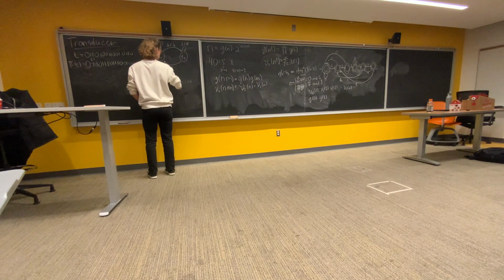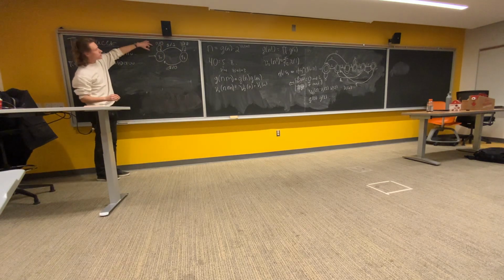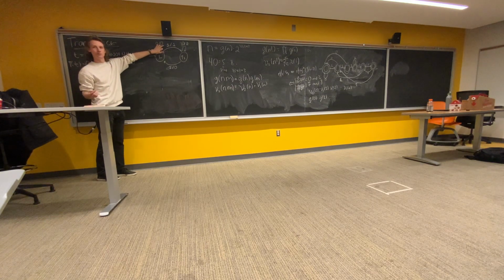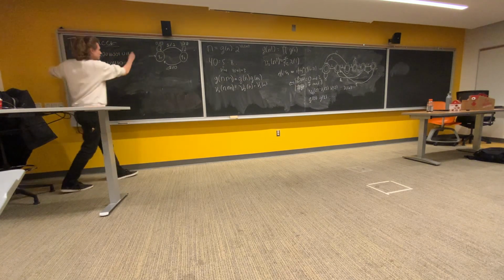Each edge now has an output associated with it. So this would be the character I need to read to take this transition, and this would be the output. This is called a transducer.